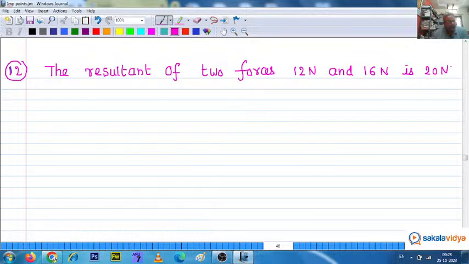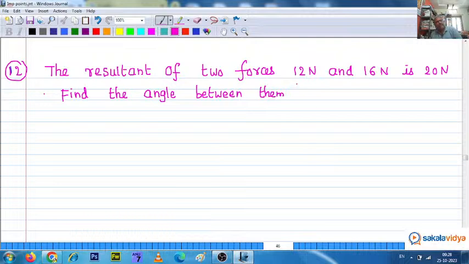Find the angle between them. Find the angle between the two forces whose magnitudes are 12 newtons and 16 newtons respectively, and their resultant is 20 newtons.